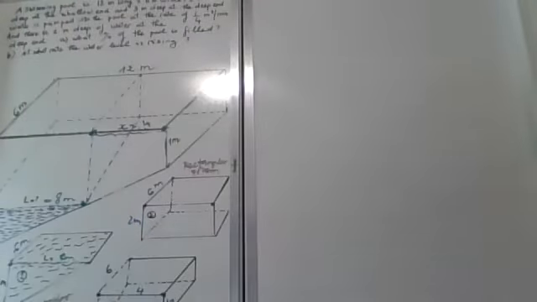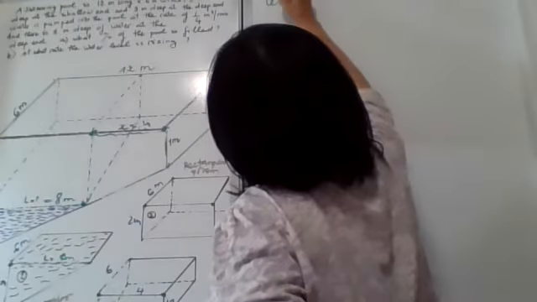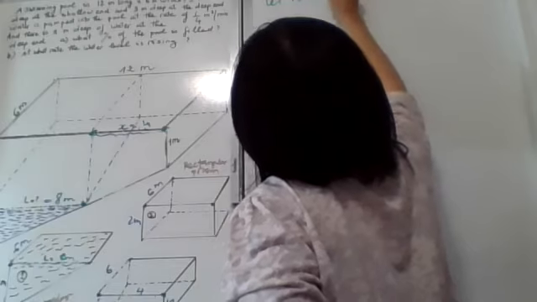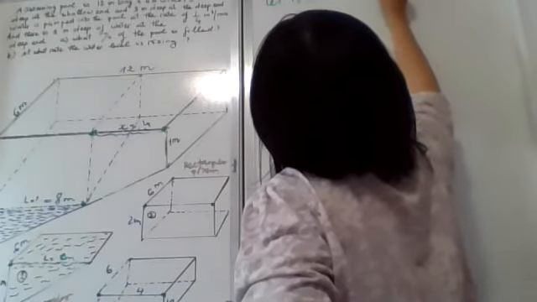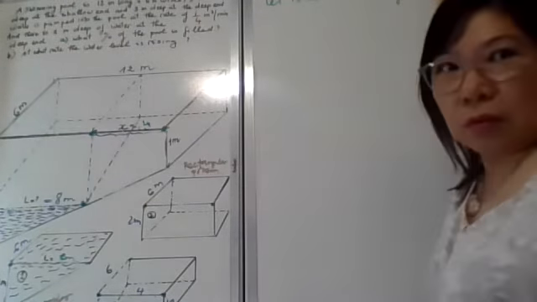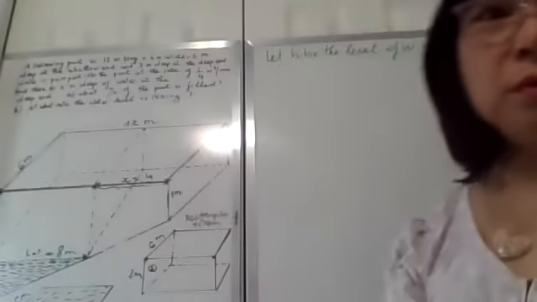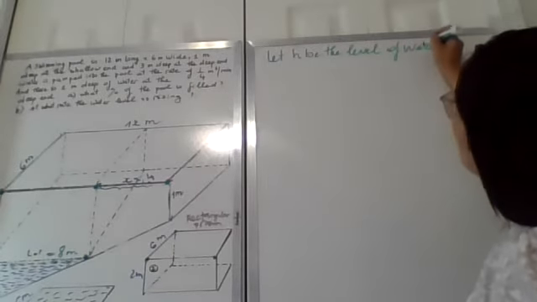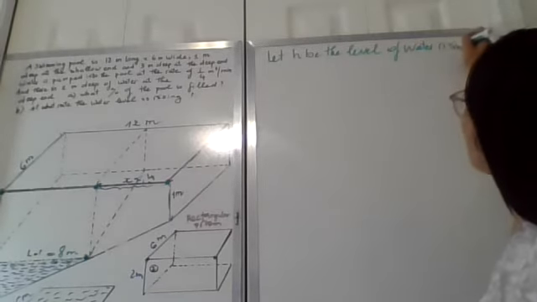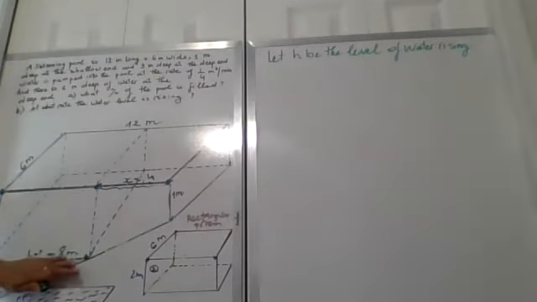Okay, so now let's go to at what rate the water level is rising. So to find the rate of the water level rising, I'm going to say let H be the level of water rising. So remember, we don't care about the level at the beginning anymore.